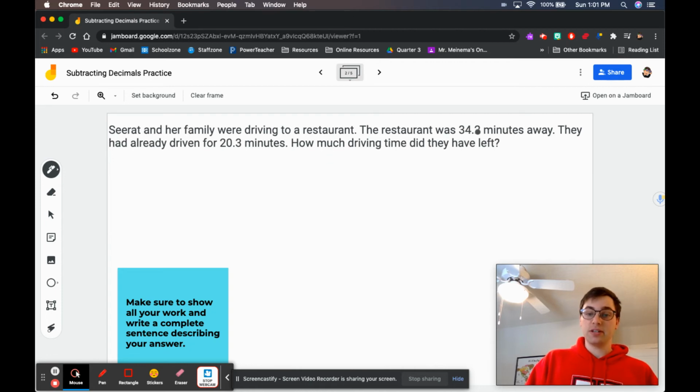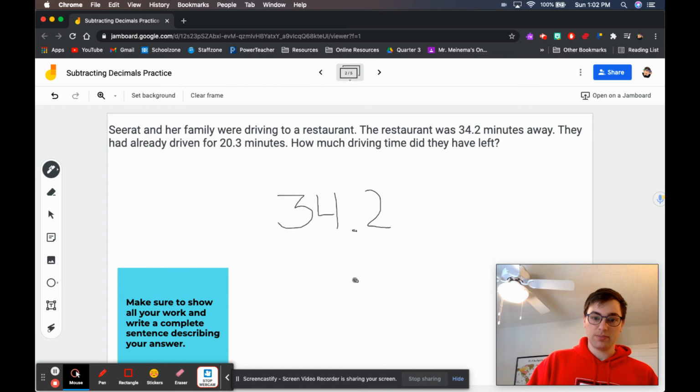So they started, but this is the total amount they needed to go. They have already driven 20 3/10. So that means we can subtract what's taken away to see what is left. So I will write out 34 2/10.